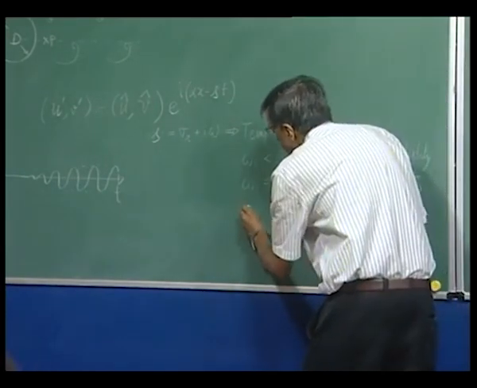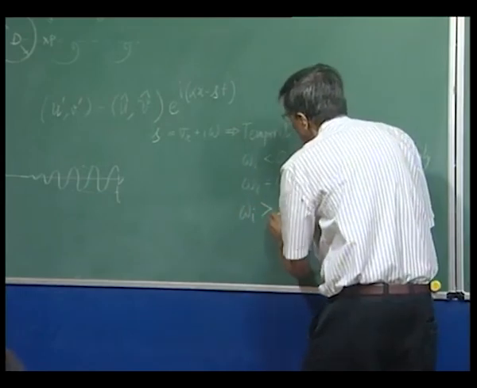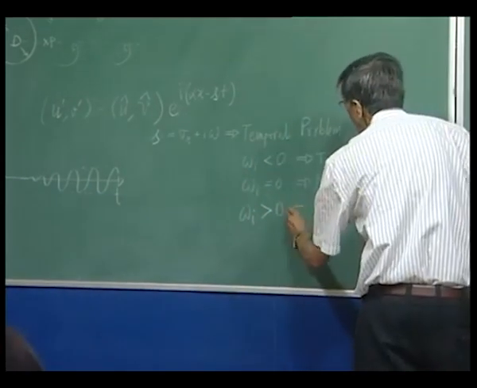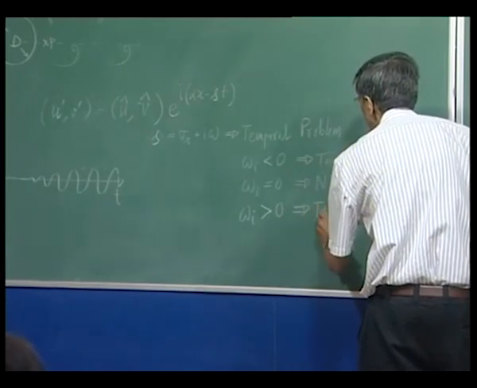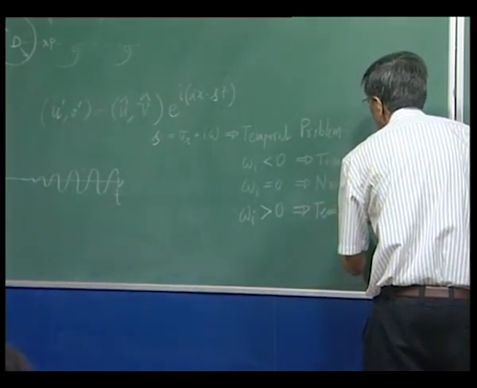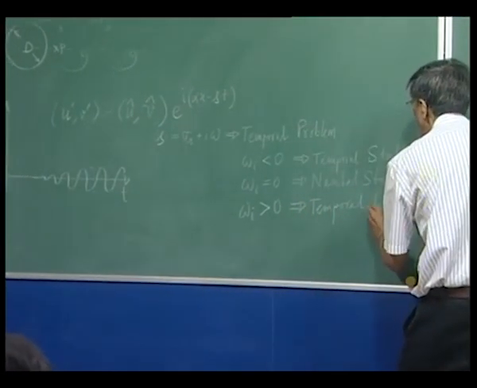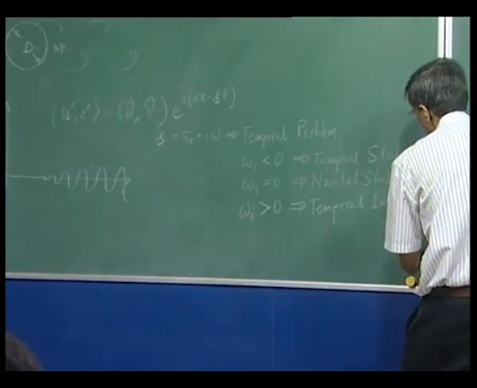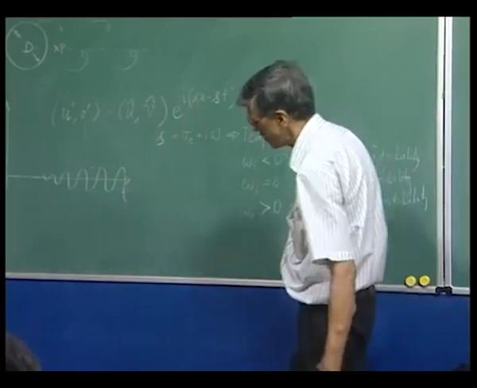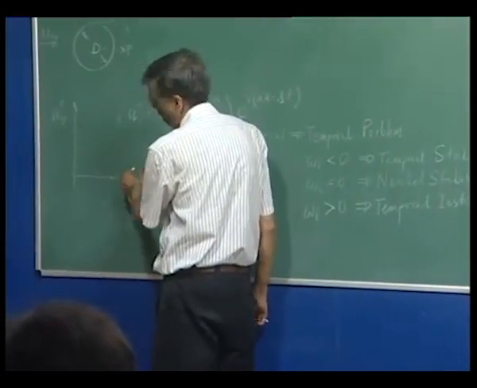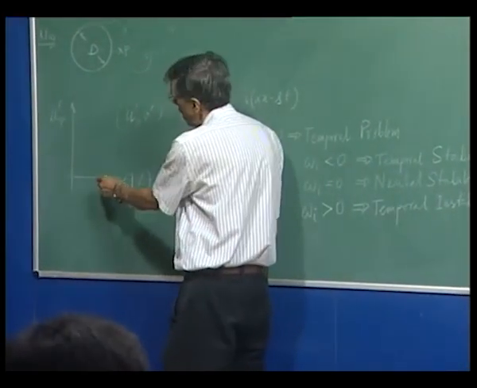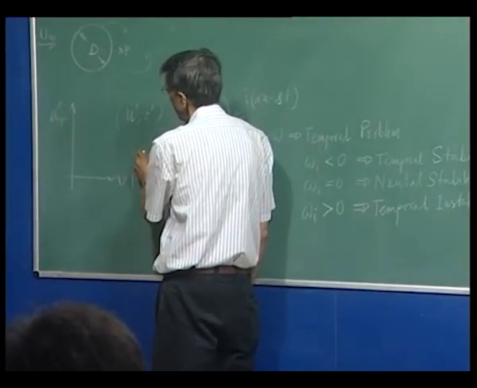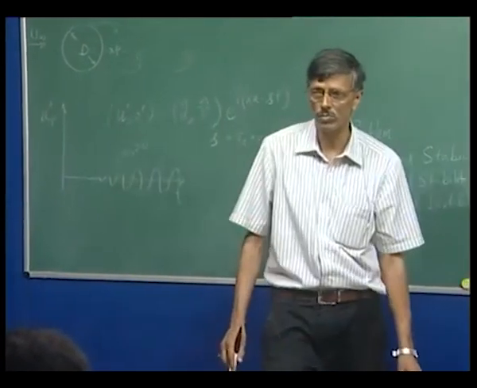The case that we are talking about would correspond to when omega I is greater than 0, and then we will have temporal instability. And that is what you are seeing here. In this part of the flow evolution, in the early part, this is the case where omega I is positive.